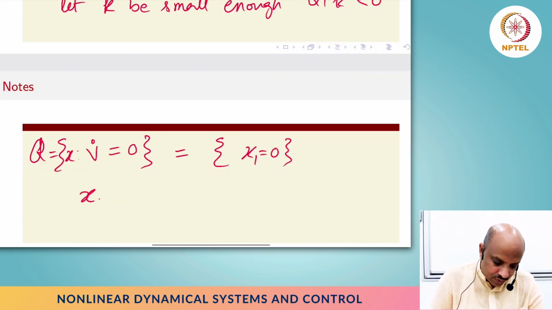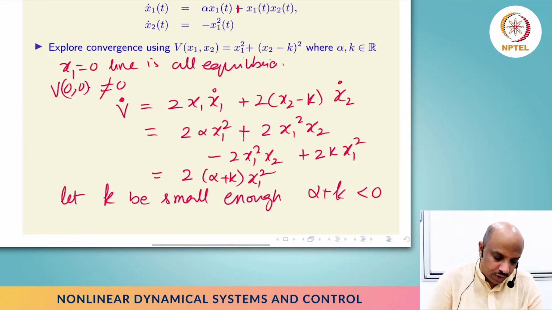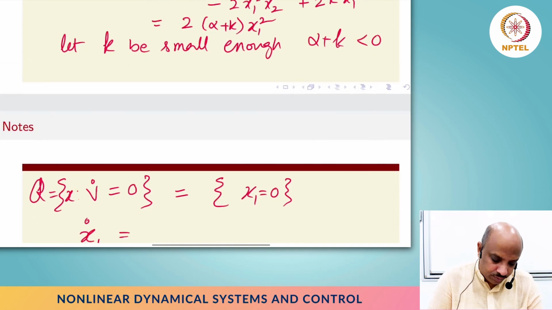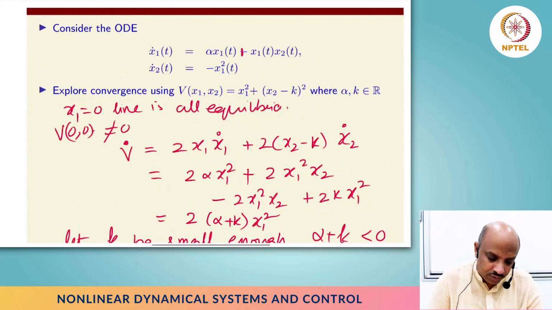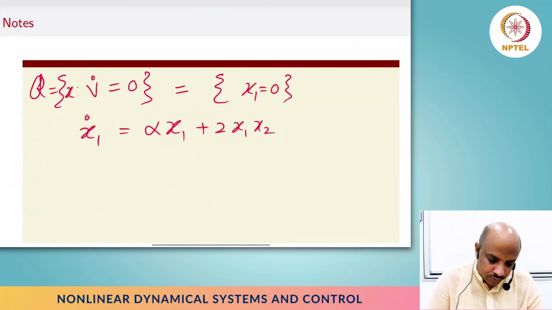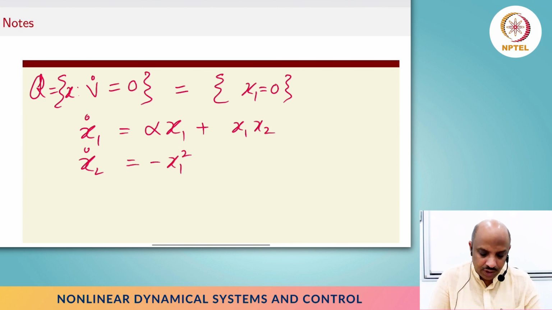Let's recall the dynamics. So x1 dot is equal to alpha x1, I don't know the sign of this particular alpha, plus I made this change to x1 x2, is that correct? Yeah, sorry, yeah, no 2, right? And then x2 dot is minus x1 square, okay?